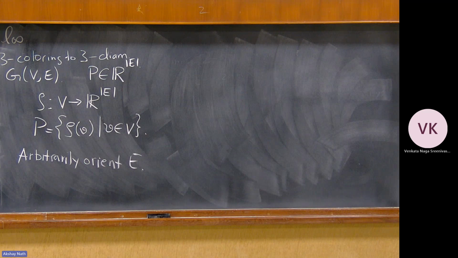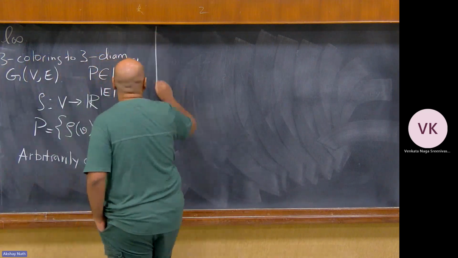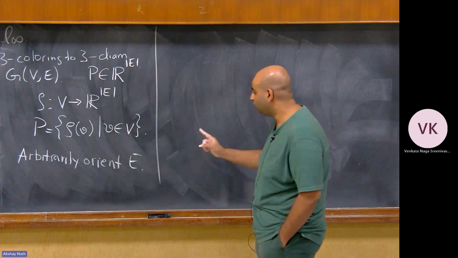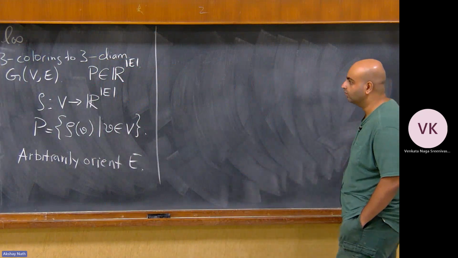Now we have oriented the edges. I haven't defined what rho is, right? I have to define what it is, show it's polynomial-time constructible, that it has the properties we want, and so on.